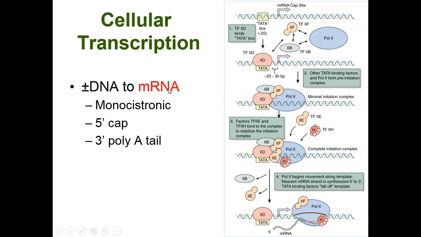Messenger RNA gets into the cytoplasm where it matures by a 5' 7-methyl guanine cap being added to it, and at the 3' end of it, a poly A tail will be added. These two post-transcriptional modifications result in the stability of the messenger RNA.